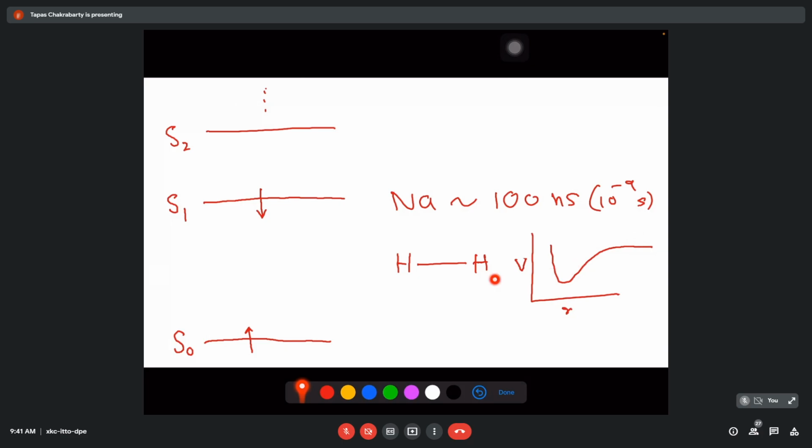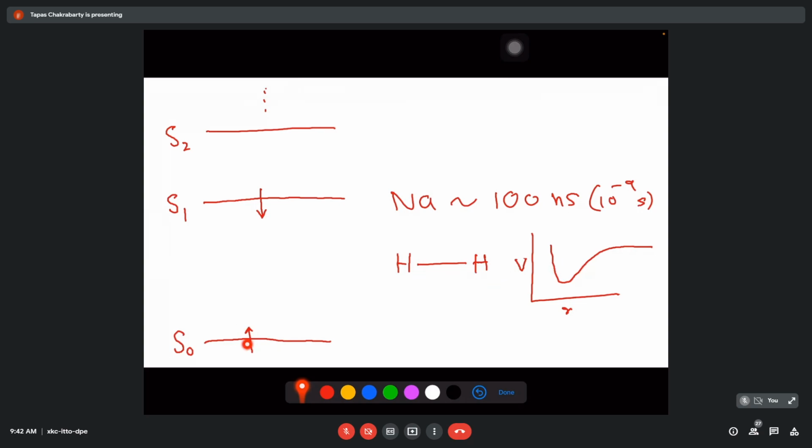Essential is that you will have to supply energy to this chemical bond. When I talk about this oscillation, it means two atoms are oscillating, right? Atoms consist of electrons and nuclei, and the heavier part is the nuclei. So in this molecular system, the two nuclei are oscillating.